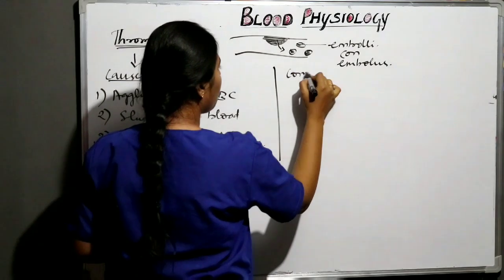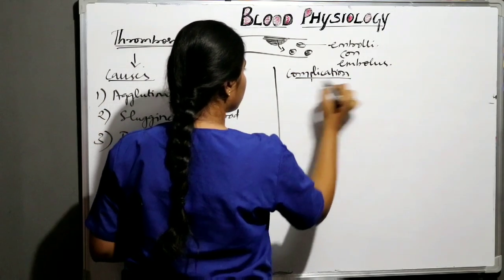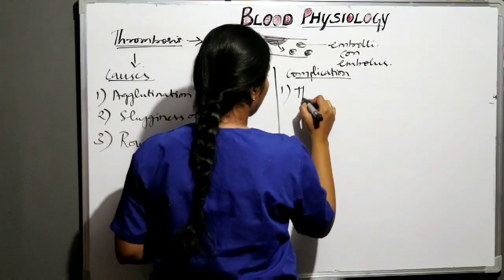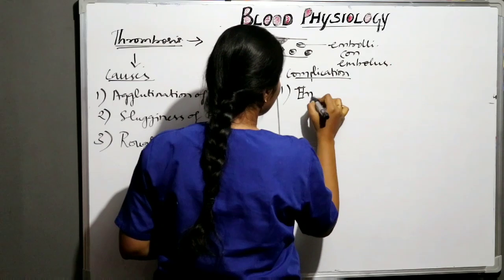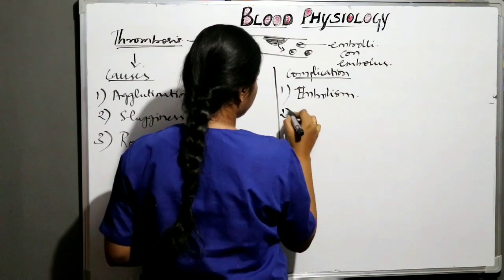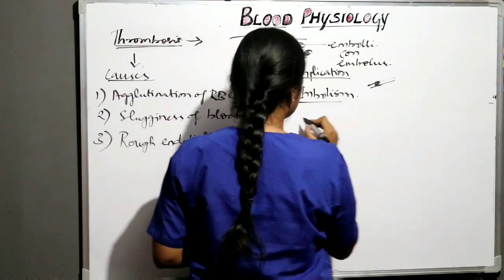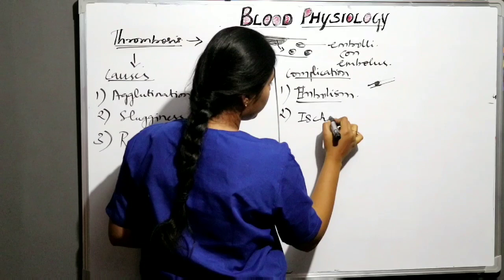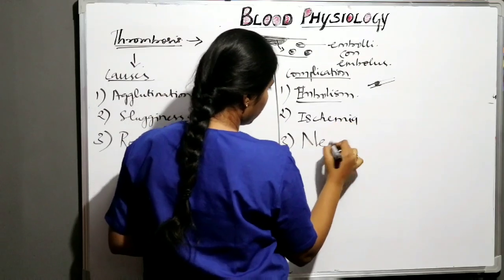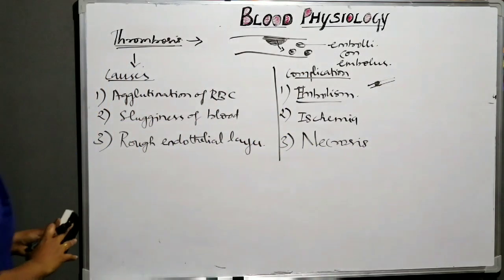So what will be the complication? If thrombosis occurs, it may lead to the formation of embolism. Then if embolism goes and blocks the vessel, it may cause ischemia, and it also causes necrosis. These are the complications of thrombosis.